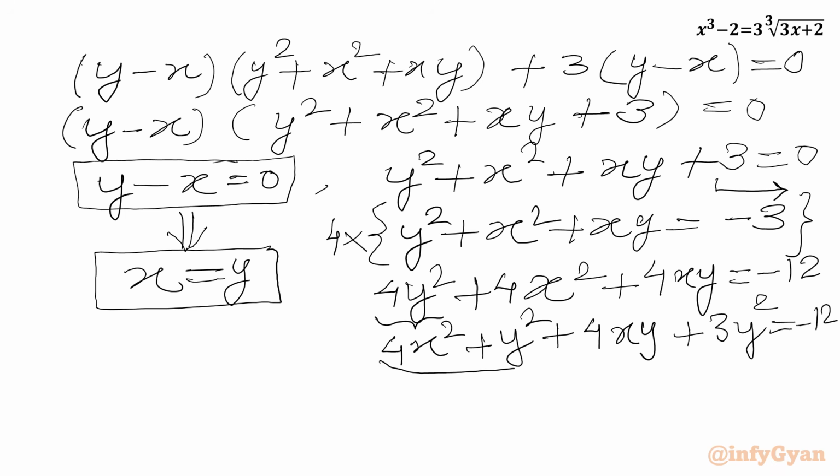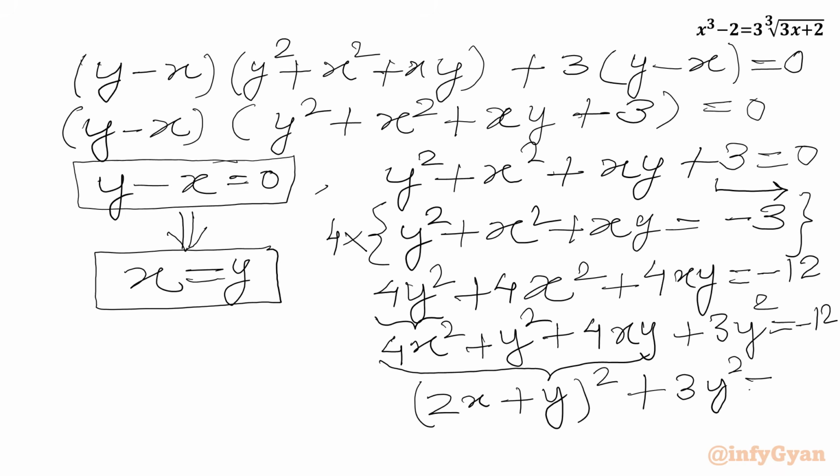Now from the first 3 terms, we can write one perfect square, 2x plus y whole square. Then we have plus 3y square, and the RHS is negative 12. Now 2x plus y whole square must be greater than or equal to 0. 3y square must be greater than or equal to 0.